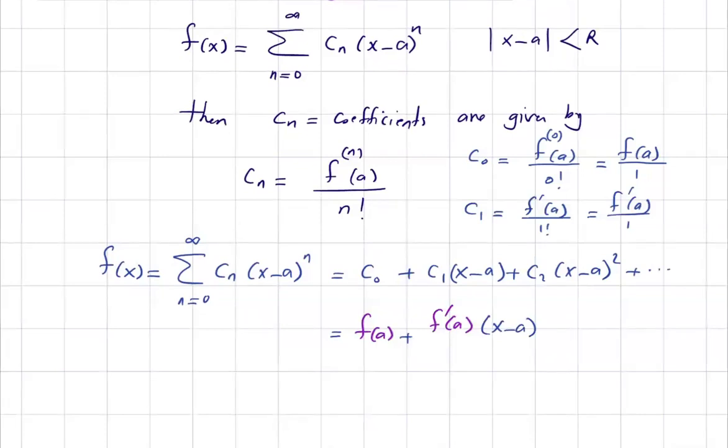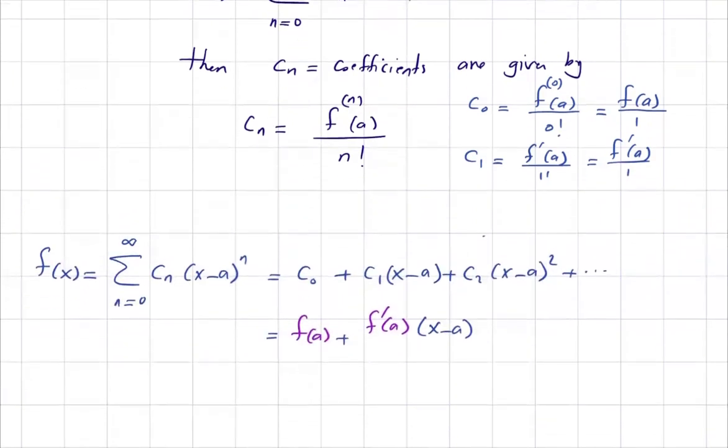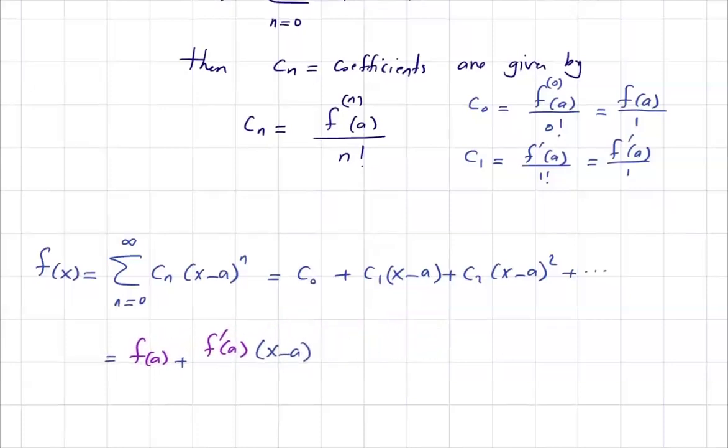Let me move it a little bit over so we can write down all of these for you to some terms. This is 1 factorial here. And let me shift this a little bit to the other side so I can write down all of them. So c sub 0 is f of a, c sub 1 is f prime of a.